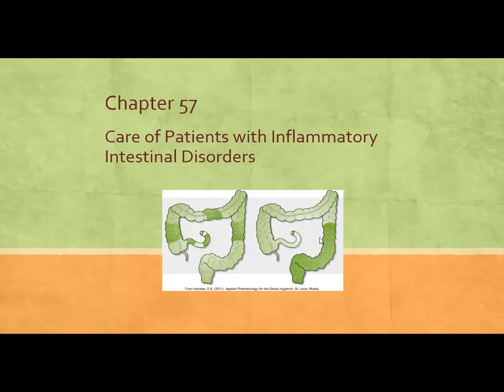So these folks typically have lesser amounts of stools and they don't have blood present in their stools. Not to say that they won't have blood in their stools, but the bloody stools are more often associated with UC.